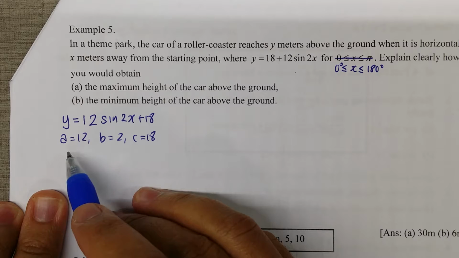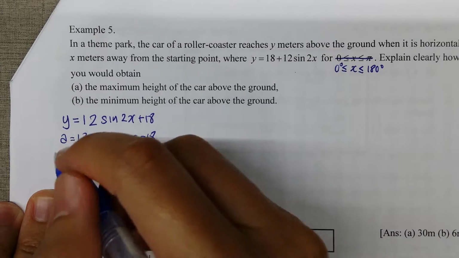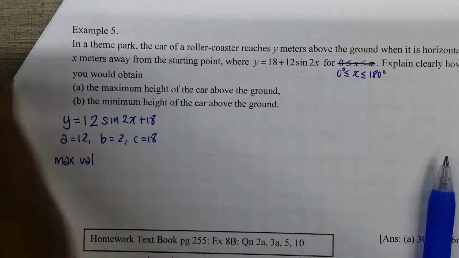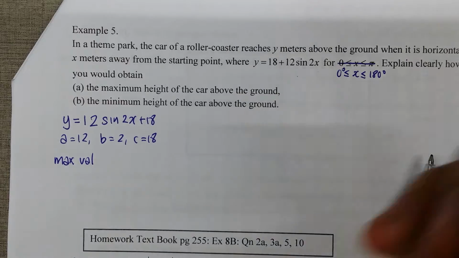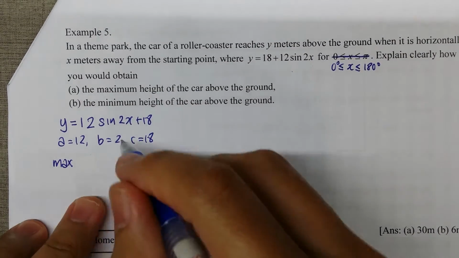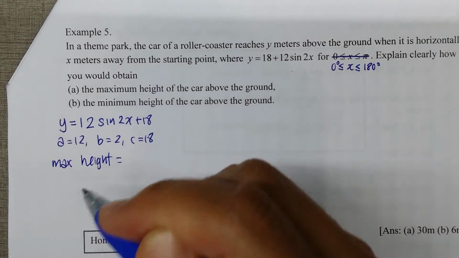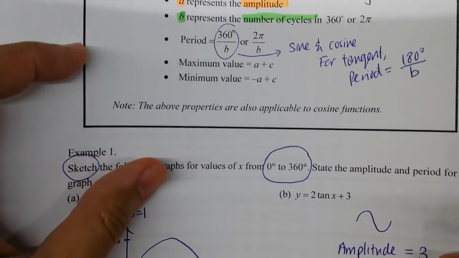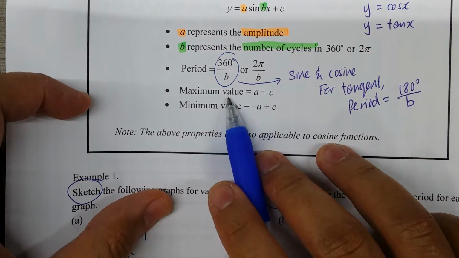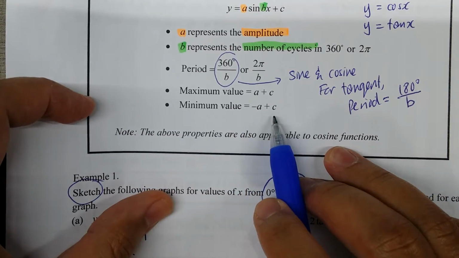And take note, a is positive, so it's not a tricky question. Straight away I can apply the formula. Let's talk about the max height, since it's a real life question. Max height equals, please recall, a is positive, so maximum value equals a plus c, and minimum value is negative a plus c.